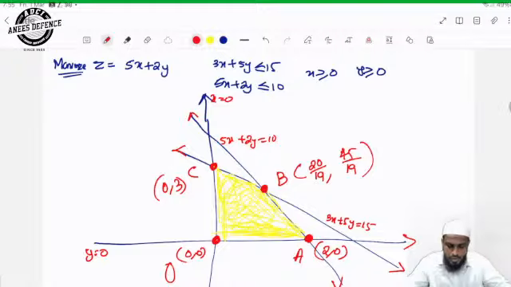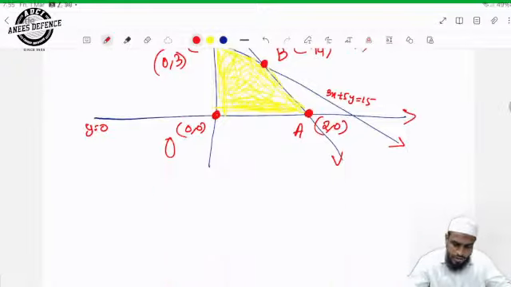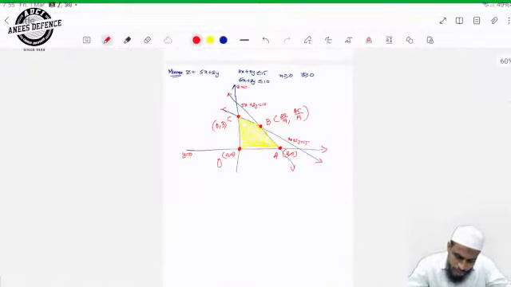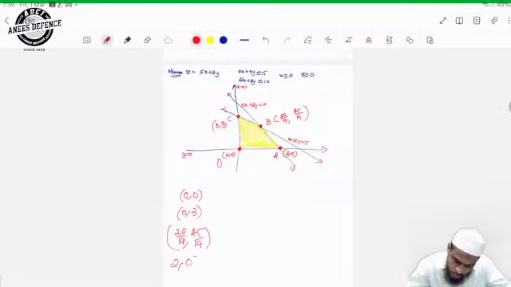So our corner points are 0, 0, 0, 3, then 20 by 19, 45 by 19, and another point 2, 0.